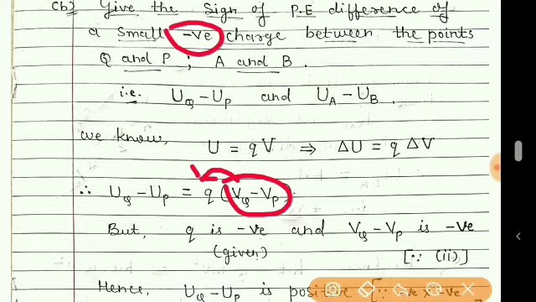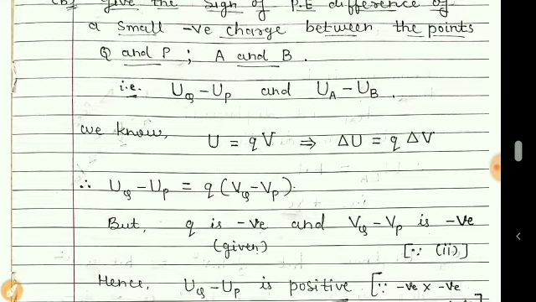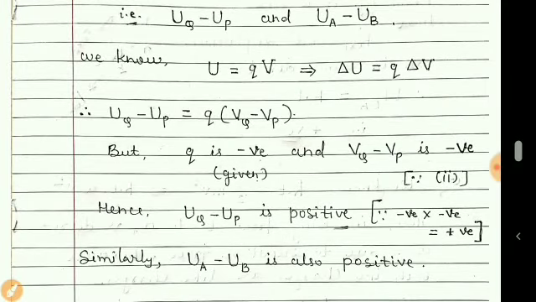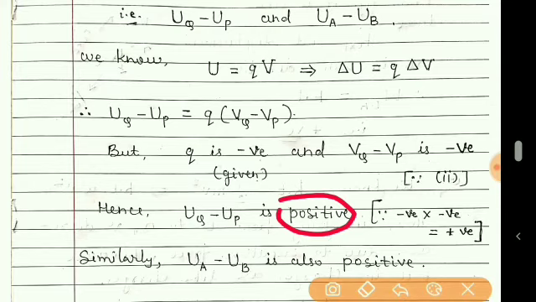This charge which is brought from point Q to P is also negative. So negative into negative will be positive, and hence the potential energy difference finally will be positive. I have written here negative into negative will become positive.